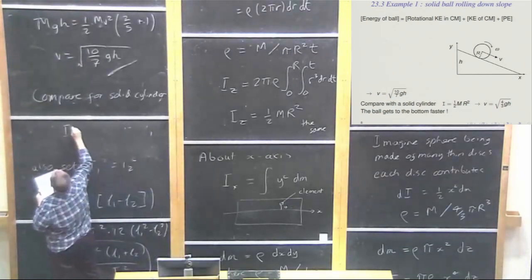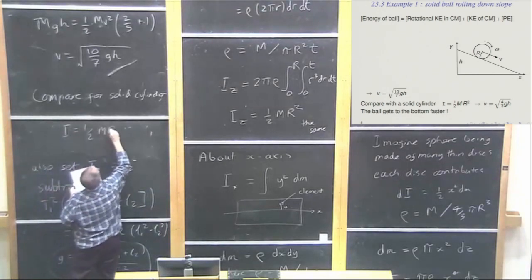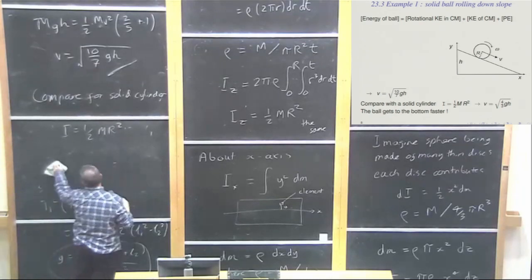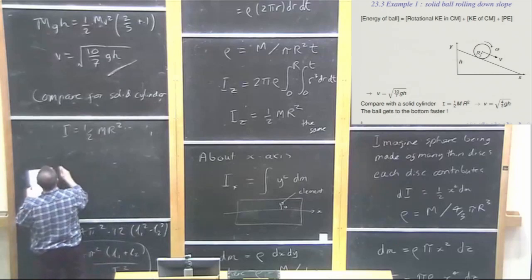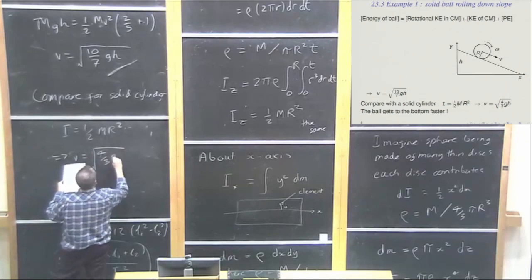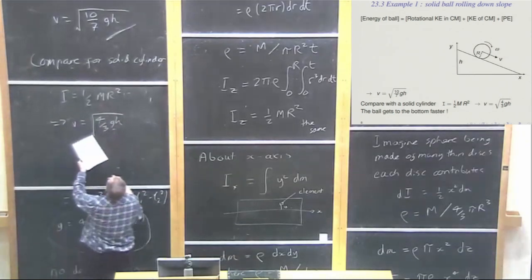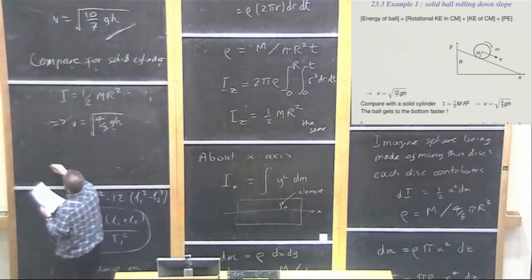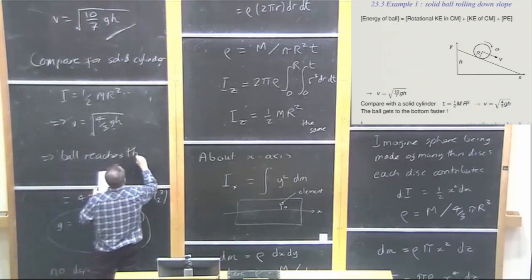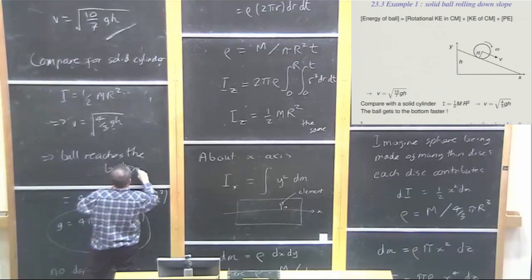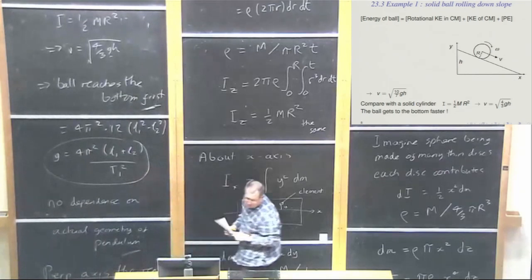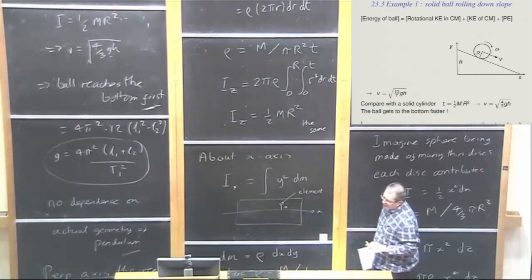So there I is equal to a half mr squared. And if you put this in, instead of the moment of inertia of the sphere, you find that v is equal to root of 4 over 3 gh. So that is less than the sphere. So the sphere or the ball reaches the bottom first. Which is a nice result, and well, for me at least, not an intuitive one.